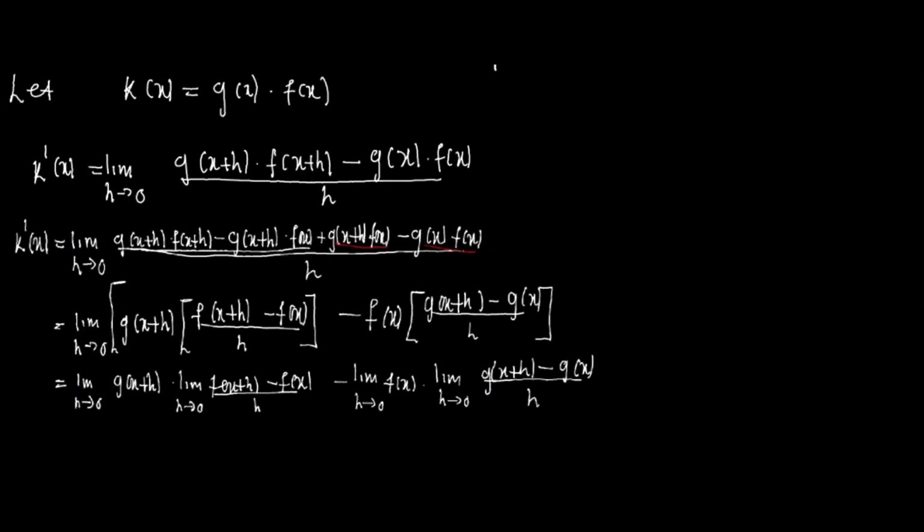So now, what you can see here is that when you substitute h, we'll have g of x times this whole thing which is here in the first principle. It is the first derivative of the function f. So this one will become f prime of x. So here there is a little bit of an error. Here this one will become positive.